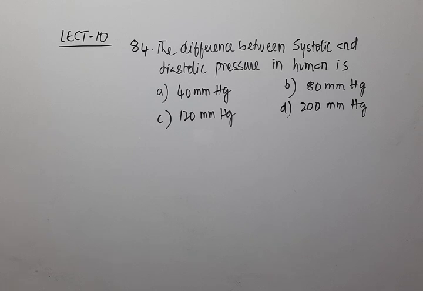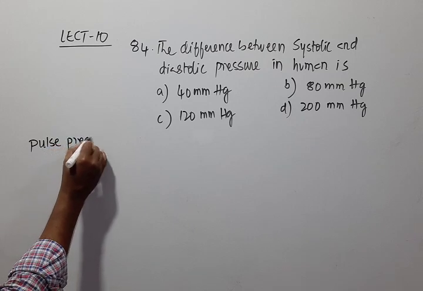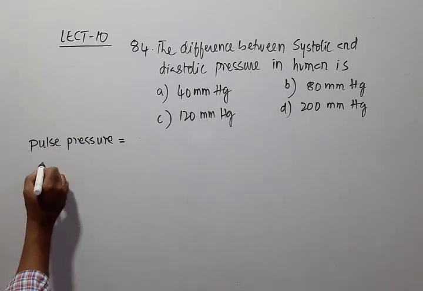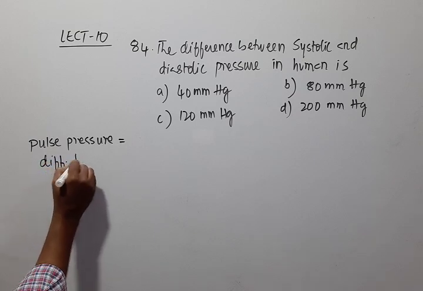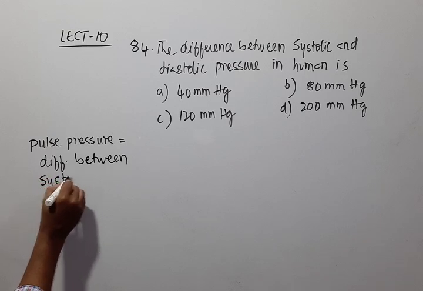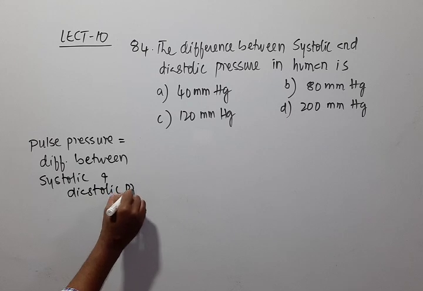Now, the difference between systolic and diastolic pressure is what we call pulse pressure. So pulse pressure is nothing but the difference between systolic and diastolic pressure.